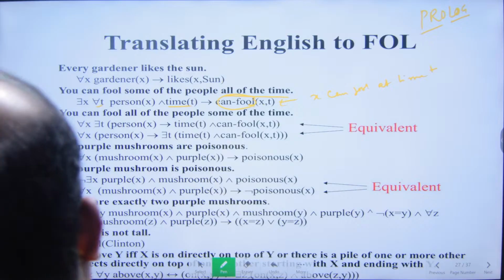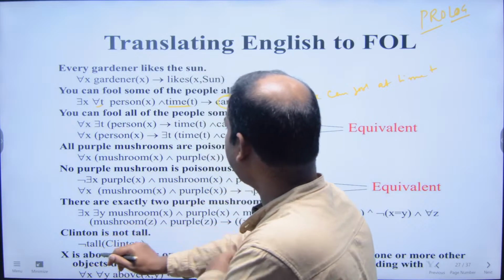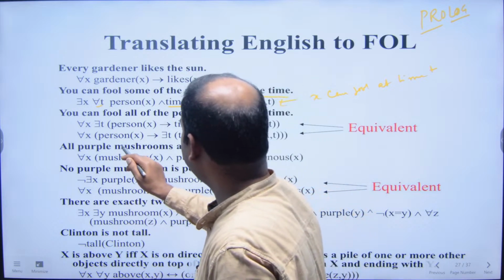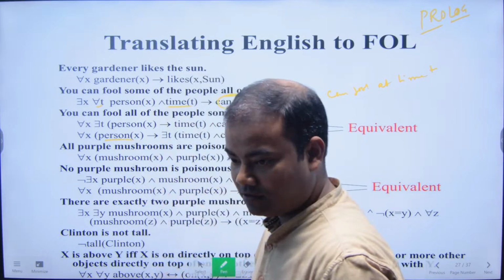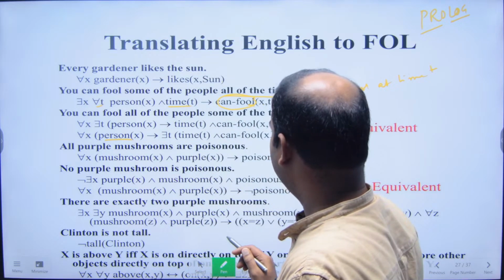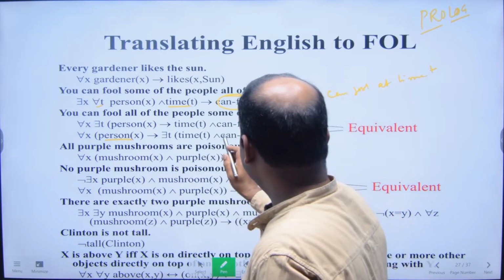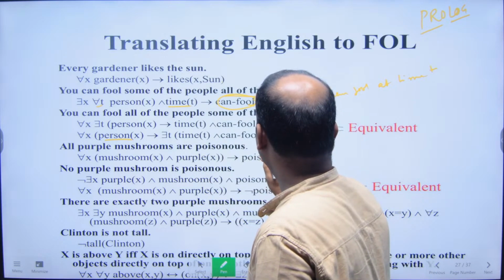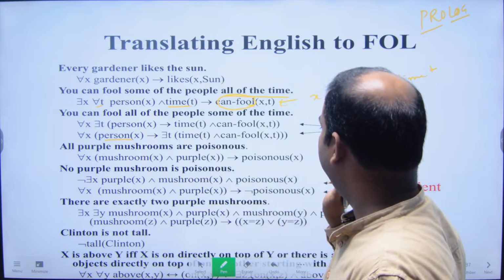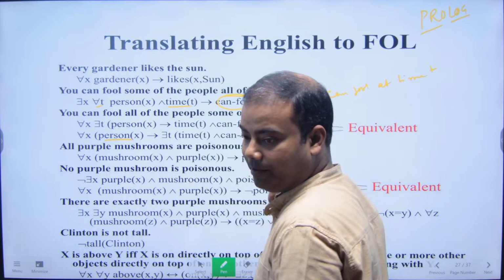Now look at here. If someone is a person, for every person, there exists some time at which x can be fooled, at time t.